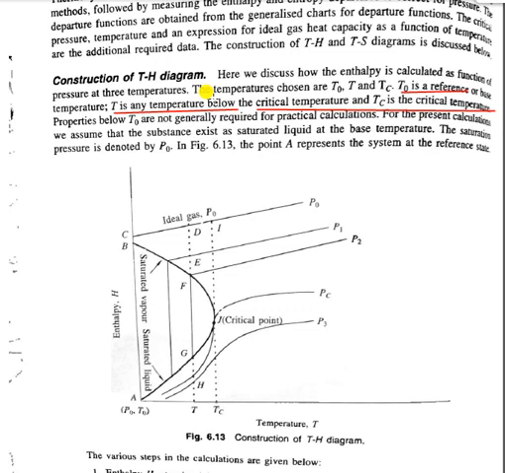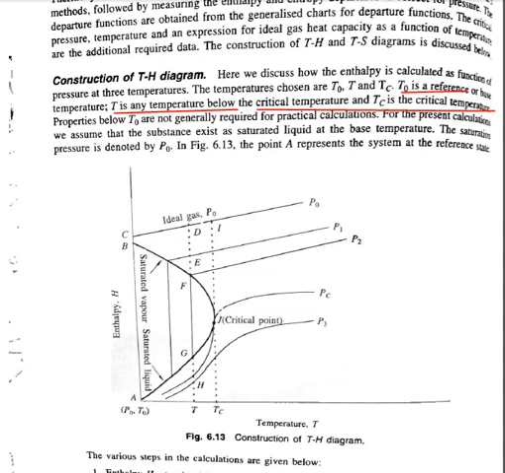For the present calculation, we assume that the substance coexists as saturated liquid at the base temperature. Properties below T0 are generally not considered for the present calculation. So the substance coexists on the saturation line at the base temperature T0.